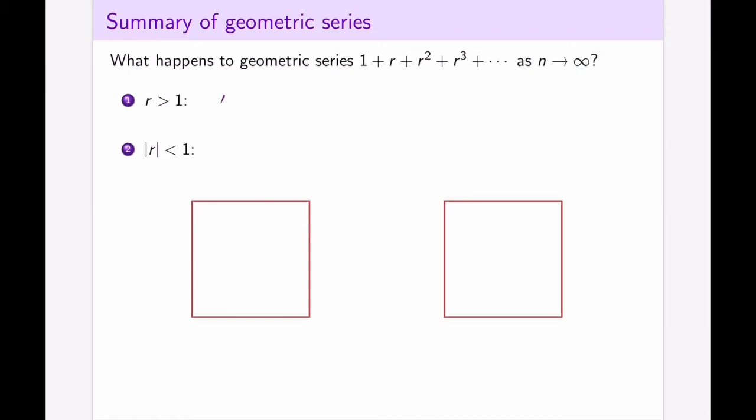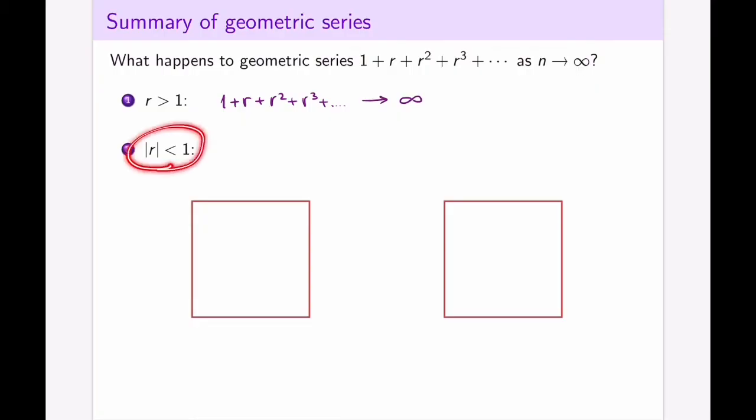So my series here are 1 plus r plus r squared plus r cubed, and so on. They go on forever. If the ratio, this r, is bigger than 1, that means that every consecutive term is bigger than the previous one, and I am adding bigger and bigger and bigger numbers, which means that altogether, there's no way I'm ever going to end up with anything finite, and the whole thing tends to infinity.